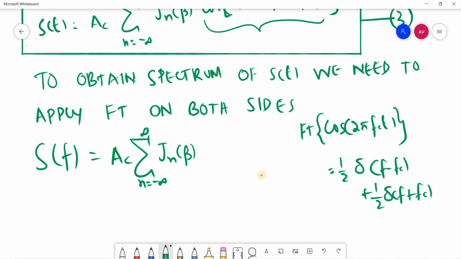So the Fourier transform of a cosinusoid of frequency fc will be 2 impulse functions weighted by half at plus fc and minus fc. We have seen this quite a few times, so we'll directly write that result here.